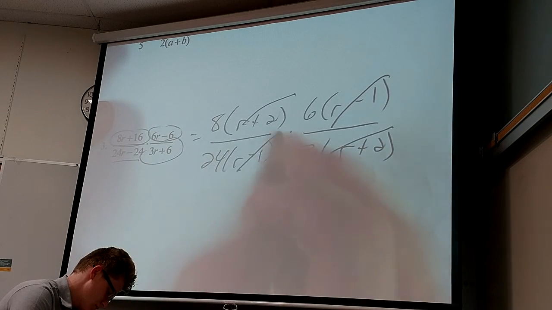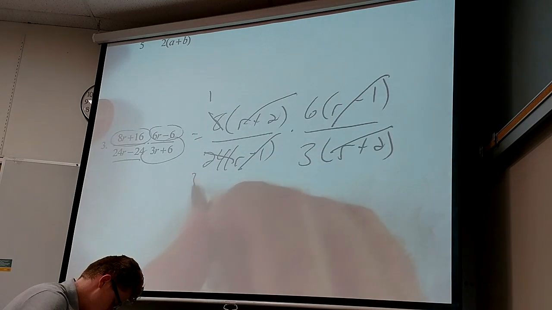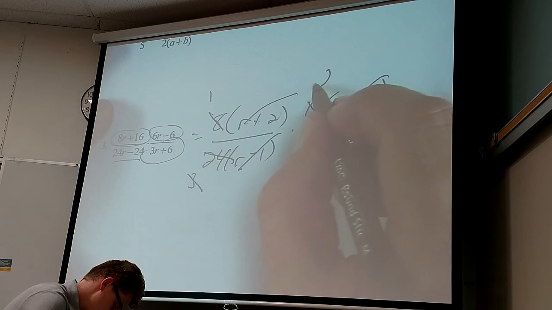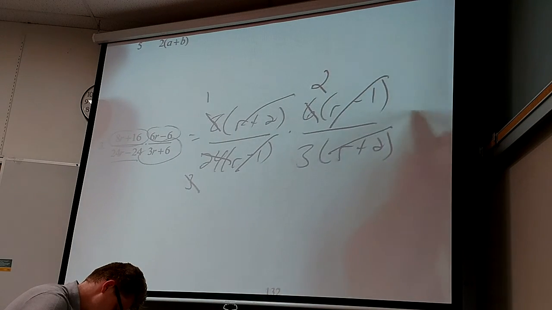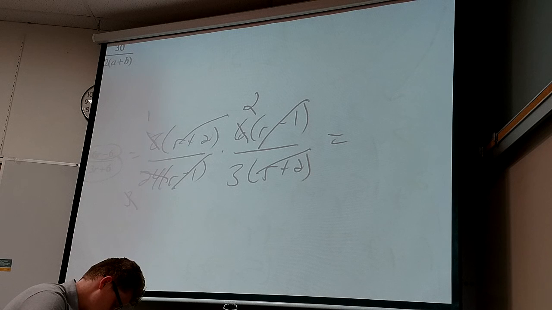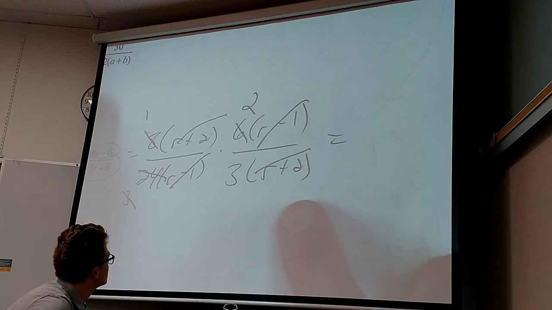What's 8 over 24 become? And 3 goes into 6? Okay, so what's left alive? So here's the major problem for those of you who are not the neatest, right? Who's left alive?